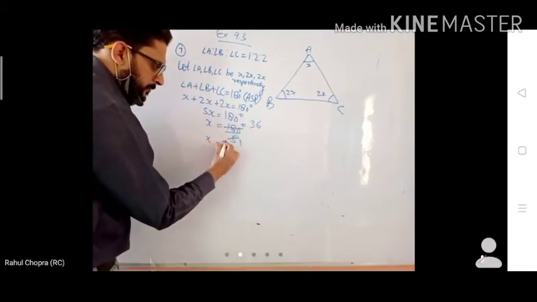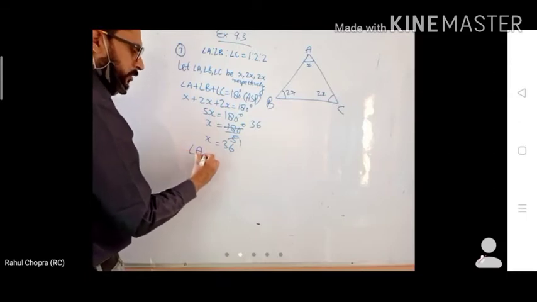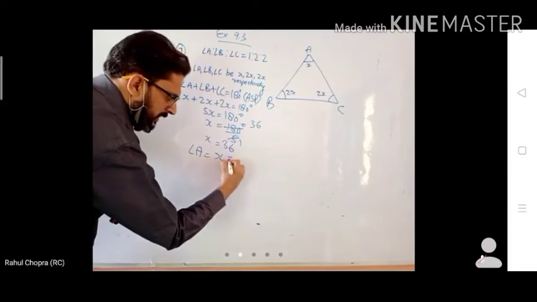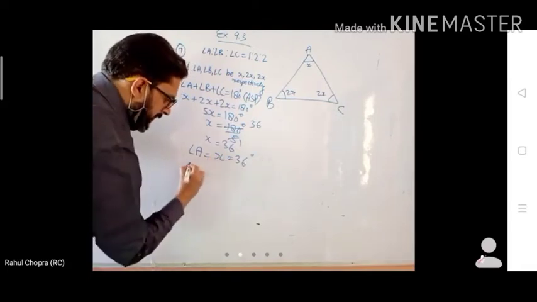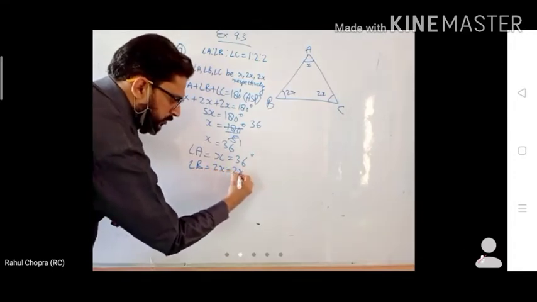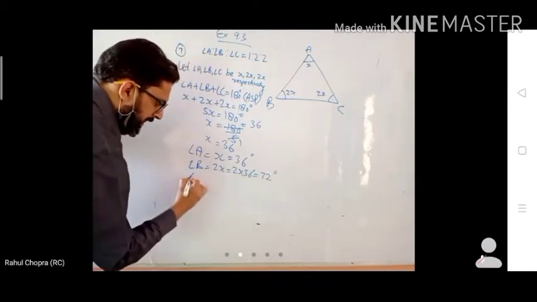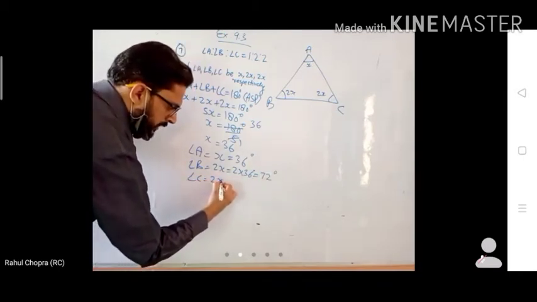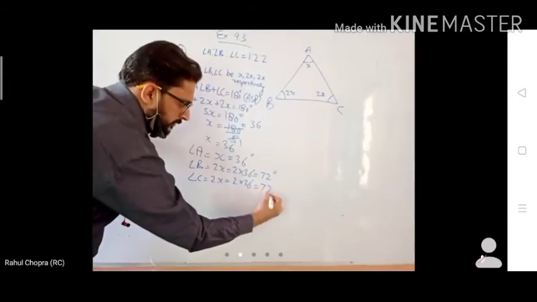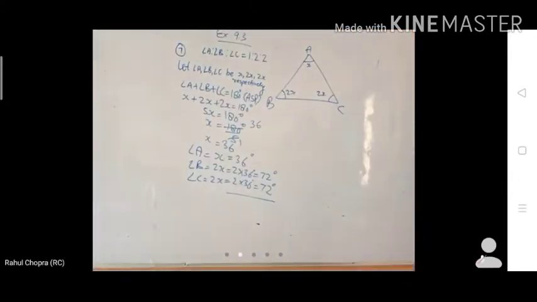So x is 36. Angle A is x, that is 36 degrees. Angle B is 2x, that is 2 into 36, it will become 72 degrees. Angle C also 2x, 2 into 36 is equal to 72 degrees. This will be the answer of this question.